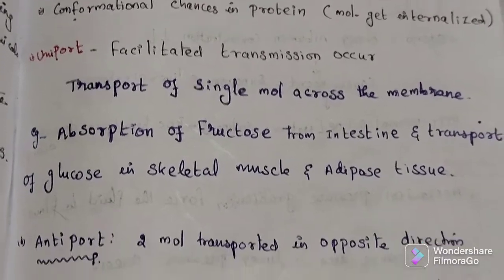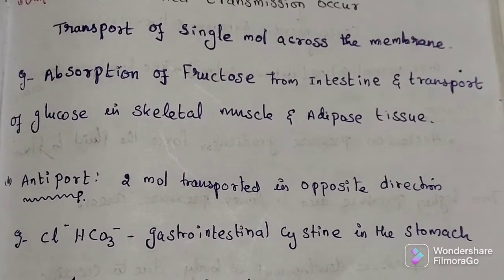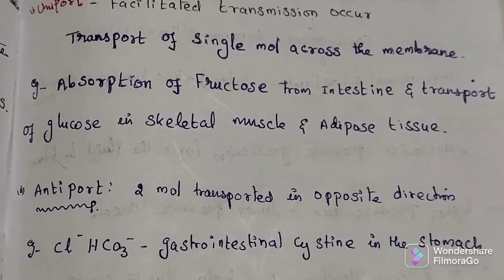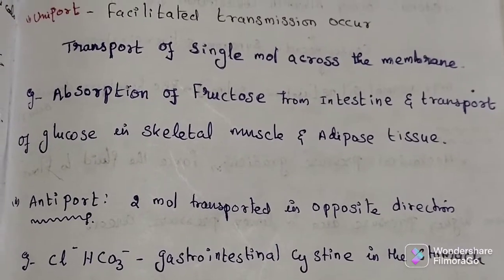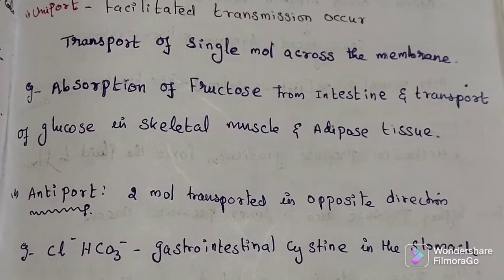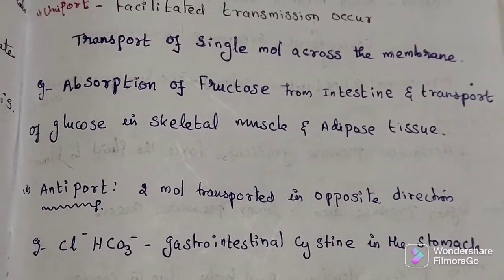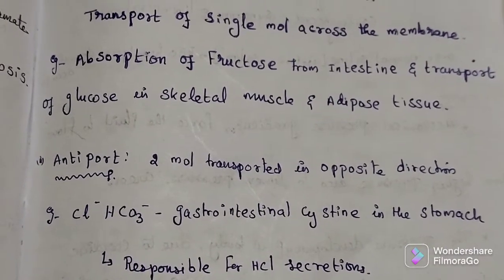The examples of antiport: two molecules transported in opposite directions. First, the chloride bicarbonate exchanger, which is present in the stomach and is responsible for HCl secretion.